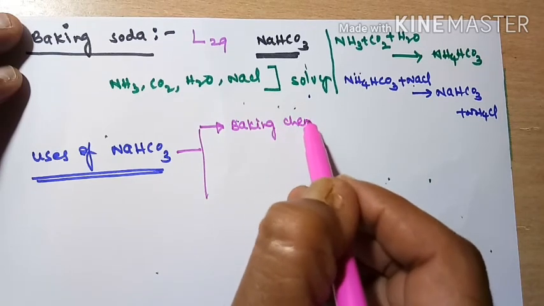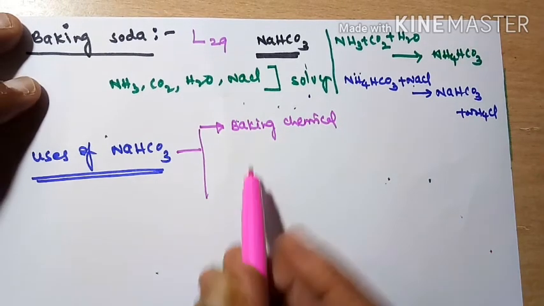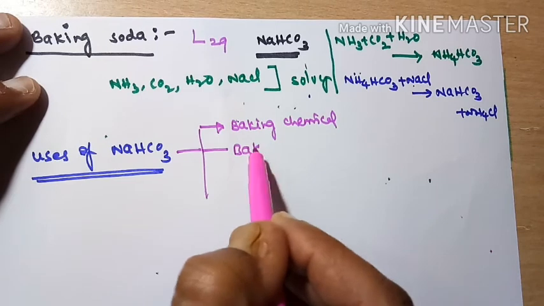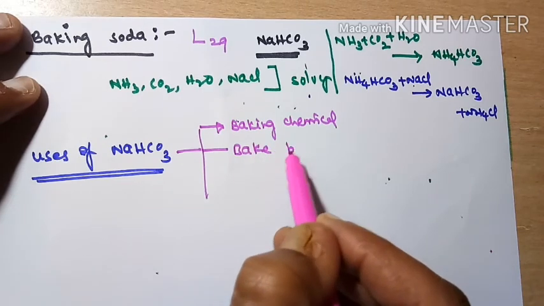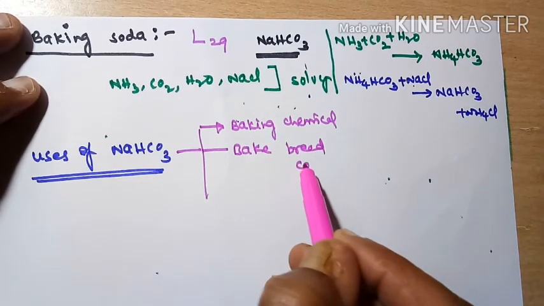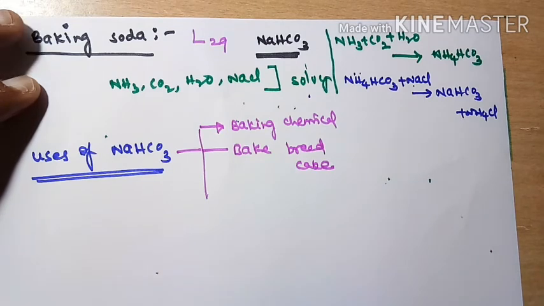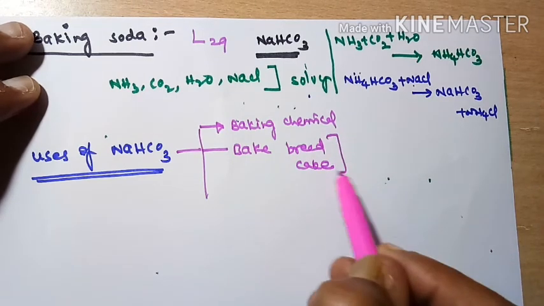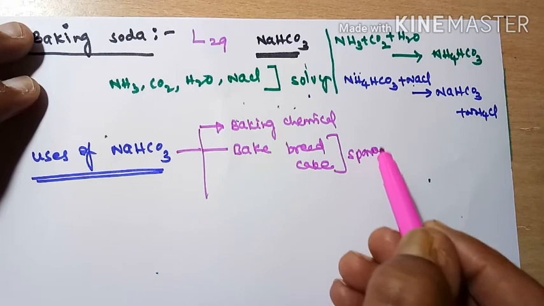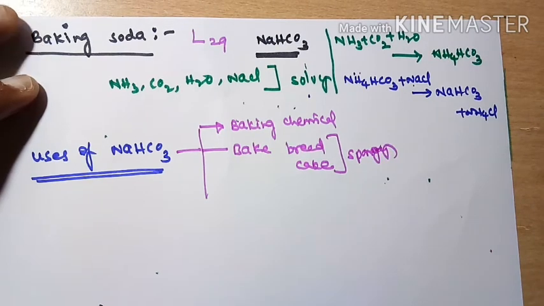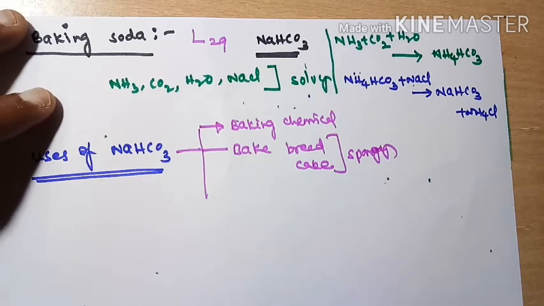Baking chemical means it is used to bake food items like bread and cake. In order to get a spongy nature, we use this sodium bicarbonate as baking soda.